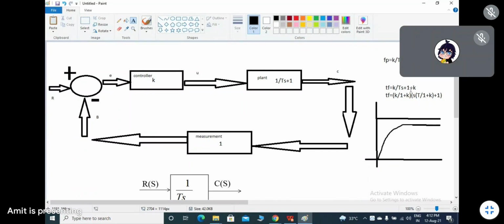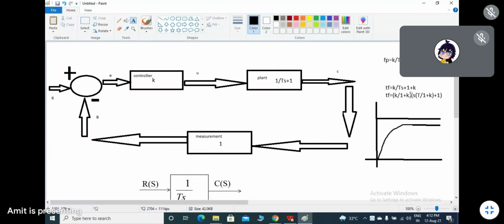What I have done is taken common 1 plus k from the denominator. So the net equation will be k by 1 plus k divided by 1 plus k, into, in the numerator only, I have written it wrong.